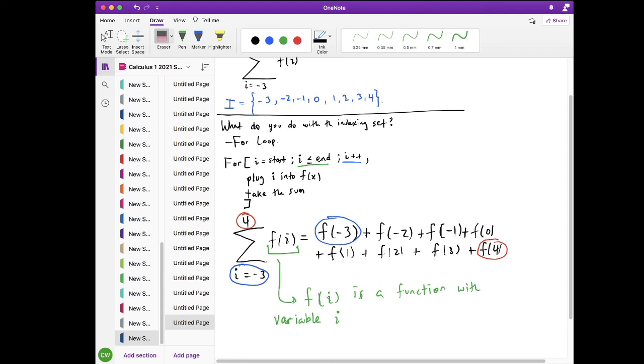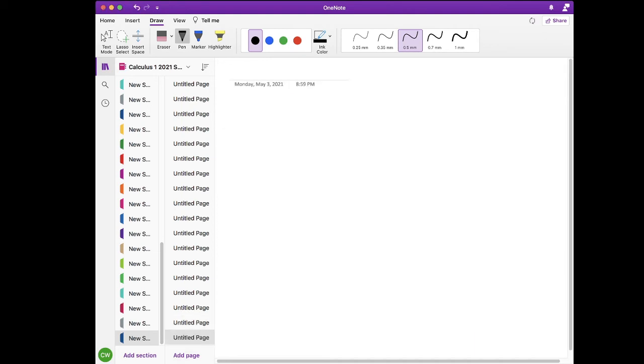Okay, so let's think about these f things. For example, not all sums can be made into this nice form. Not all sums can be expressed this way.